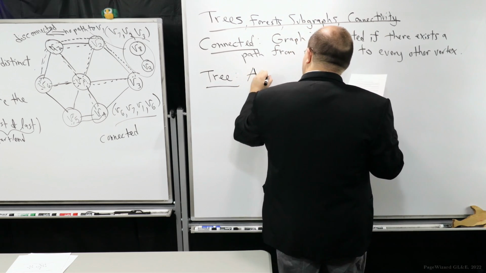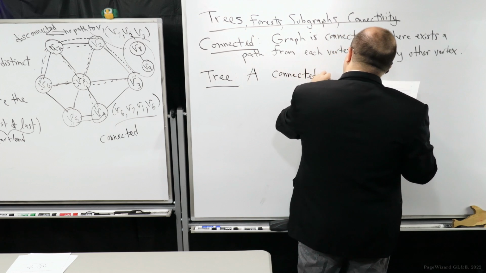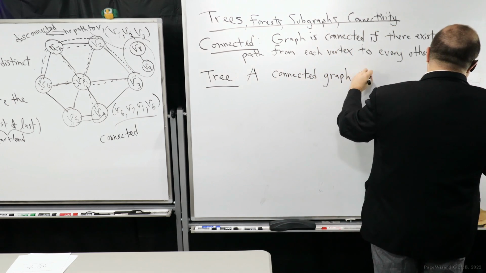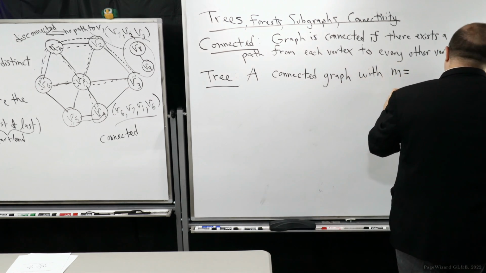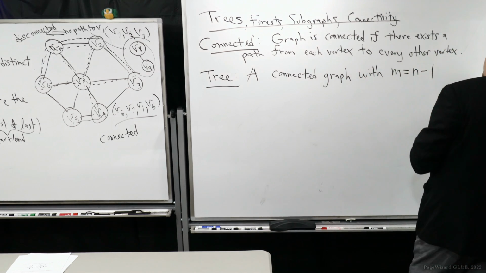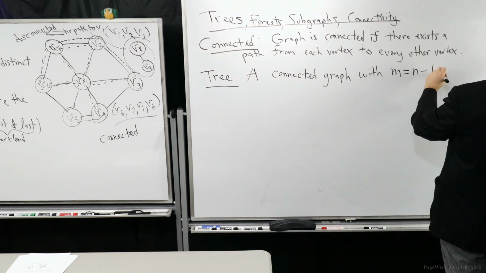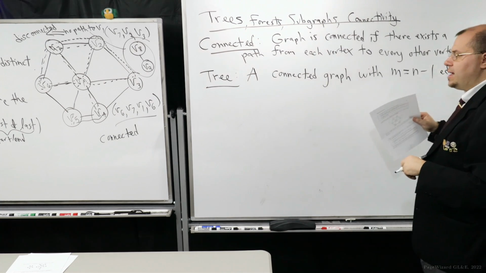So a tree is simply a connected graph with m, remember, m is the number of edges. It's going to have m equal to n minus 1, where n is the number of vertices. It has this many edges.